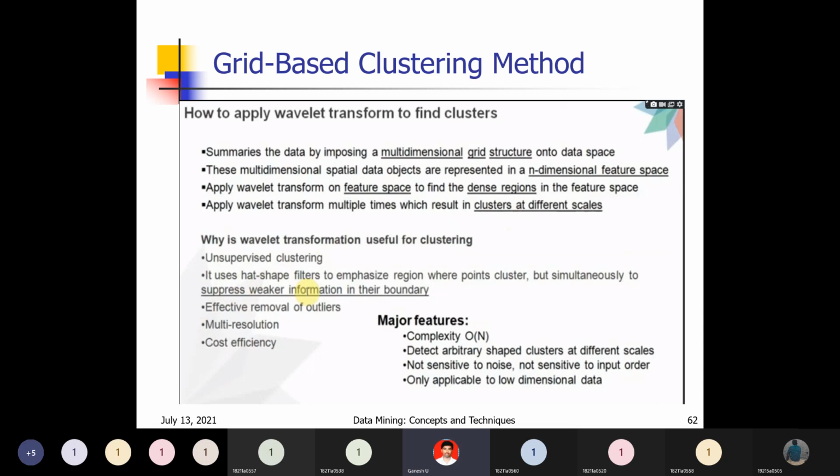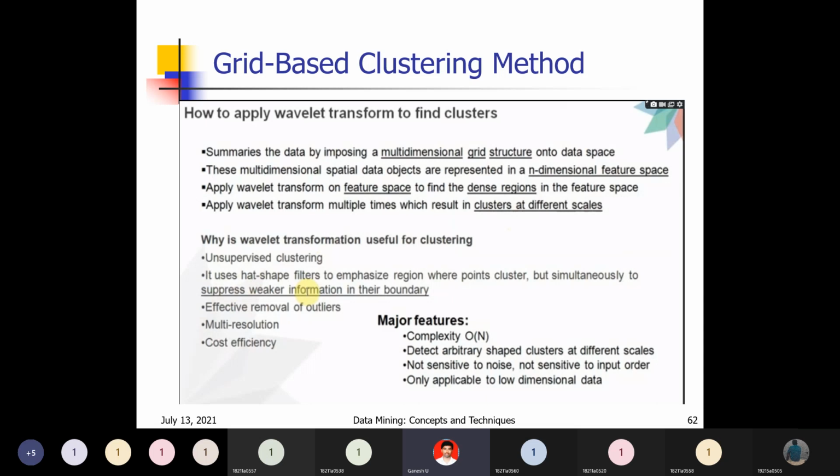The complexity is O(n). Next, it detects arbitrary shaped clusters at different scales. At each and every level, we get differently shaped clusters. In the first, top level, there is only one cell. In the second level, you have some 3 cells, in the next level 9 cells, and in the next 18.